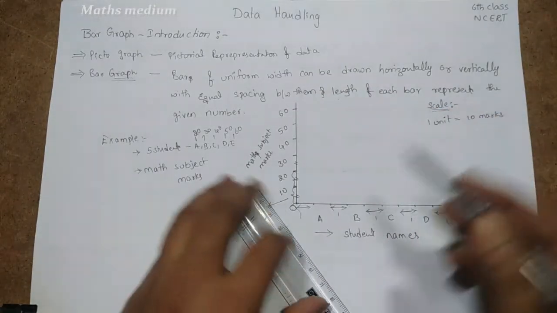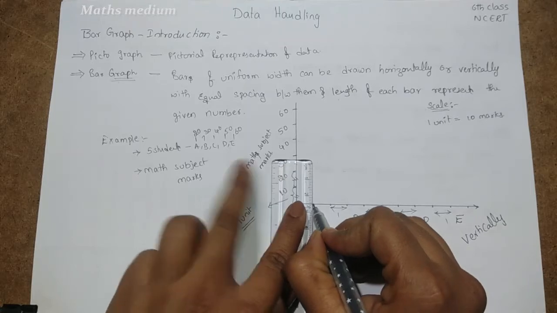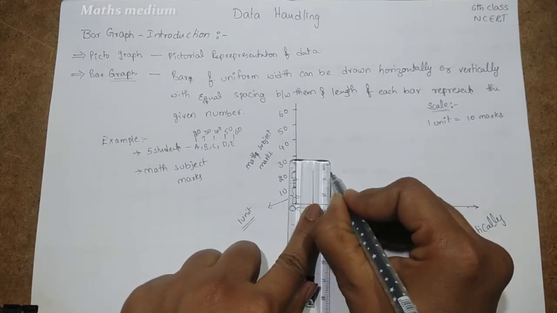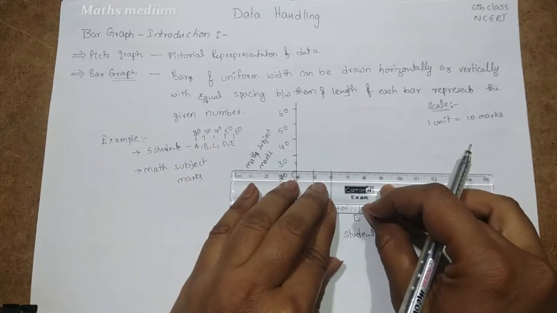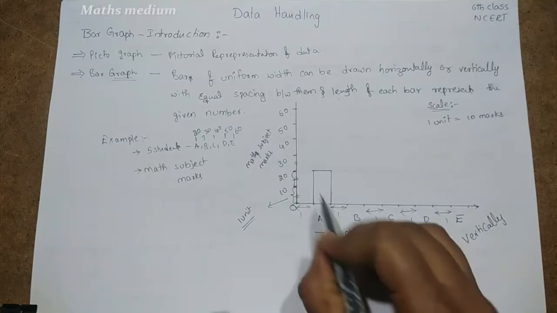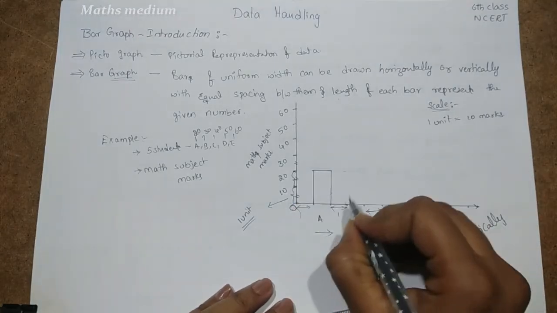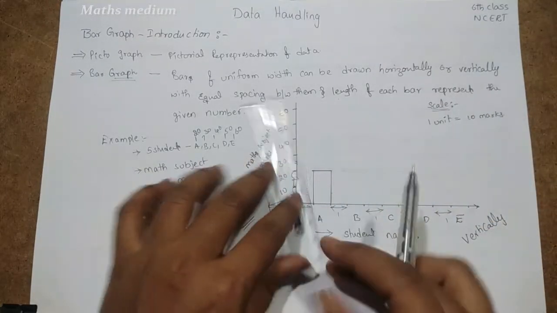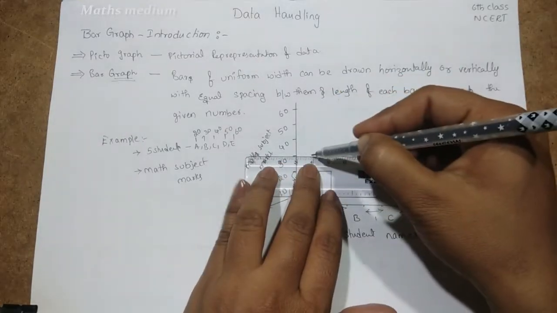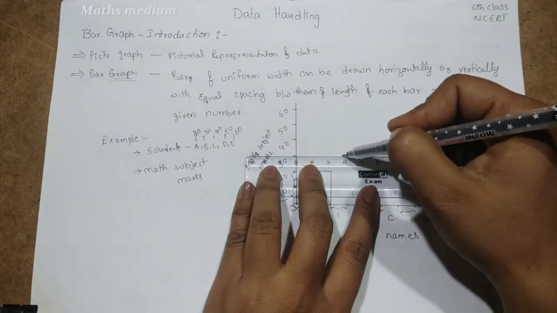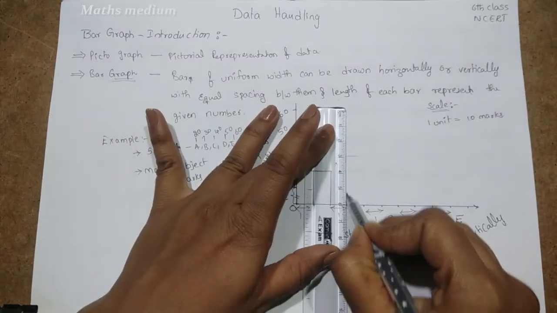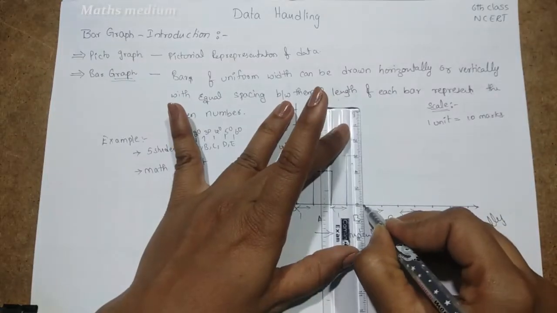Because if you make a bar from A, see, this is exactly 20 marks. Next, B has 30 marks, so make another invisible line through 30 up to B. I am making it like this and extending this line to the marking line.